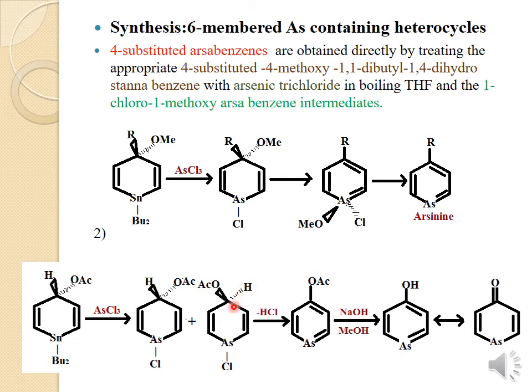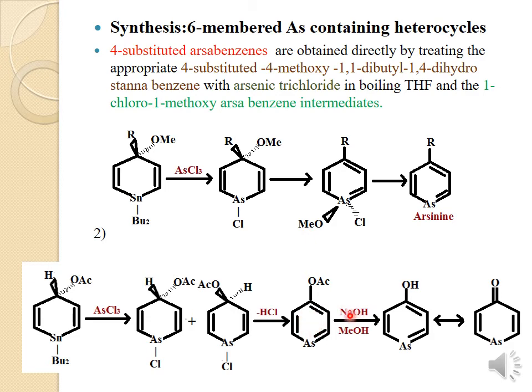All right, then again if you treat it, one molecule of HCl gets cleaved out either from here or from here. It depends on which is the major product. Once the HCl gets cleaved out, deacidification, and then you will result in this compound, the acetyl arsenine compound.